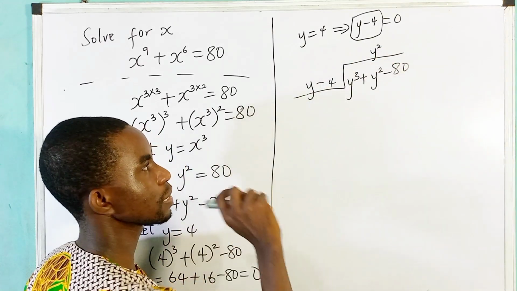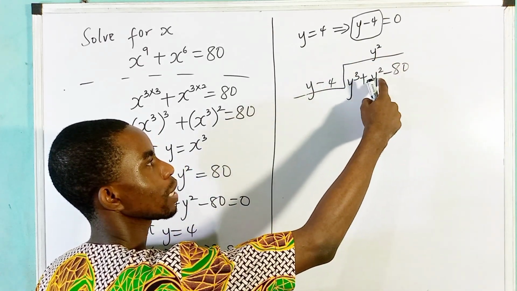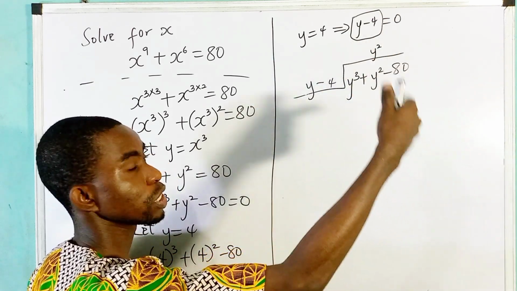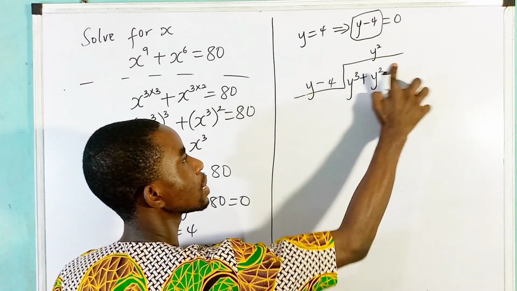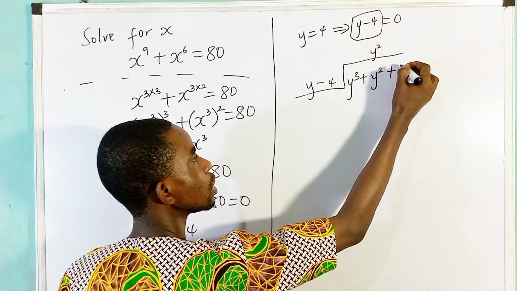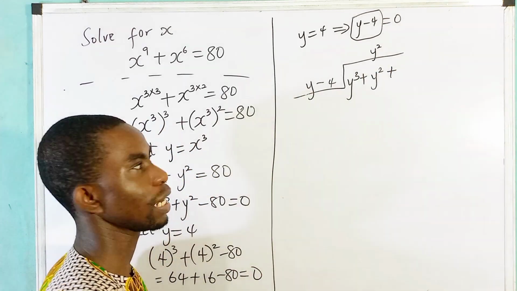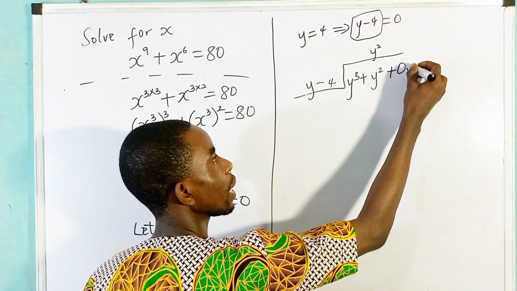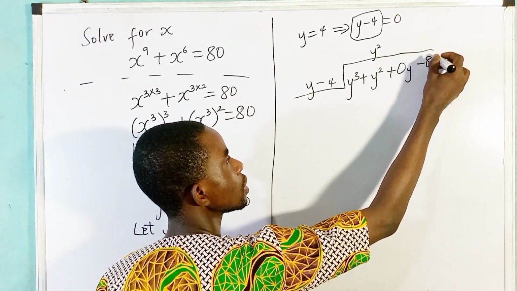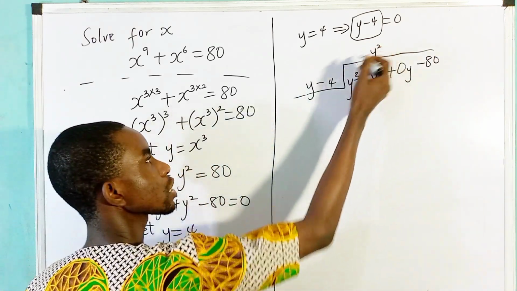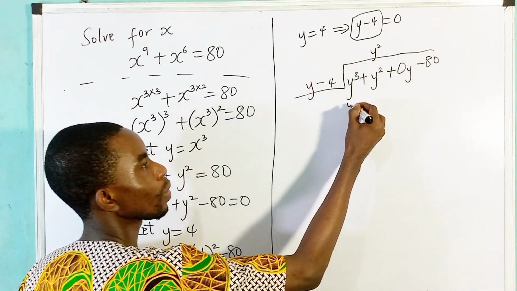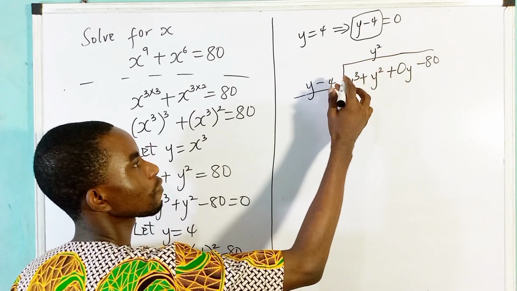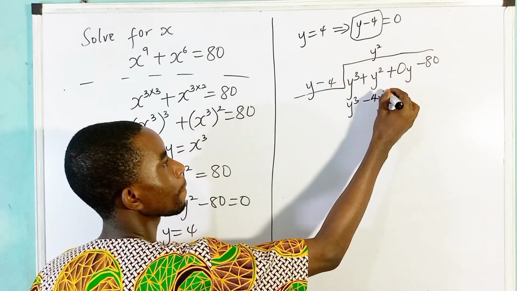But before that, I have y cubed, y squared, and I don't have the next term, which is y. So I'm just going to add it, but with a coefficient that makes it insignificant, which is 0. So plus 0y, then minus 80. So y squared times y will be y cubed. y squared times 4 is minus 4y squared.